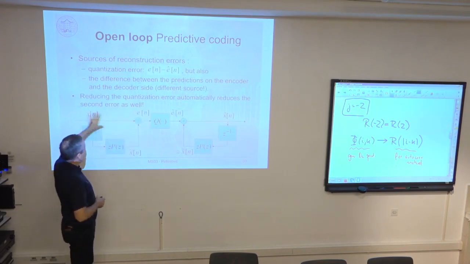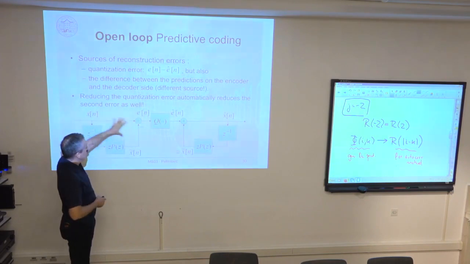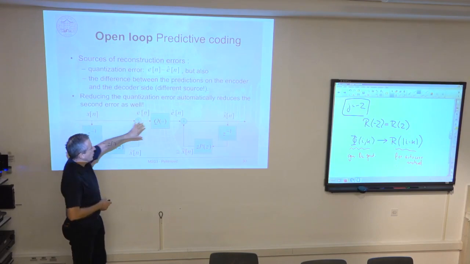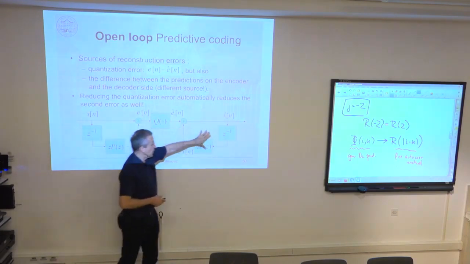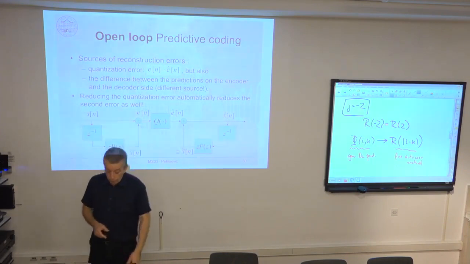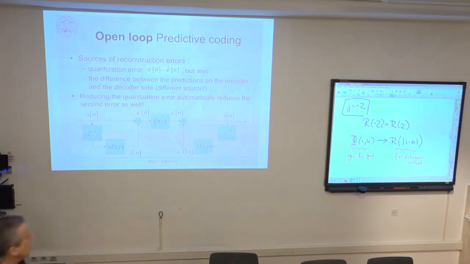Altogether, this is the system A of Z, with transfer function A of Z. I have a quantizer here, and I have the reciprocal system 1 over A of Z, which can be easily visualized just as a mirrored copy of A of Z. So I start from the reconstructed signal x hat of n, I pass it to the predictor, and I get a local copy of the prediction on the decoder side.